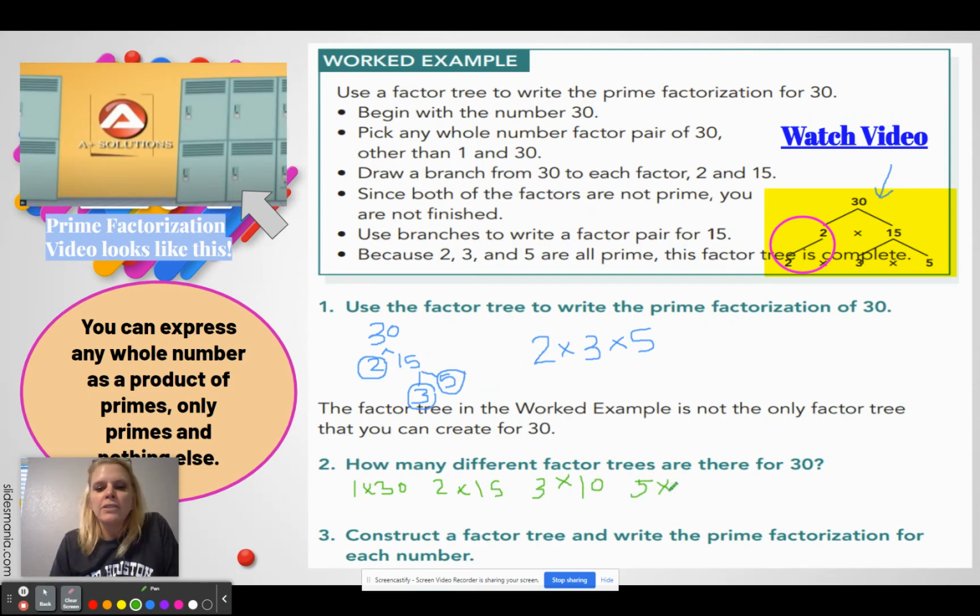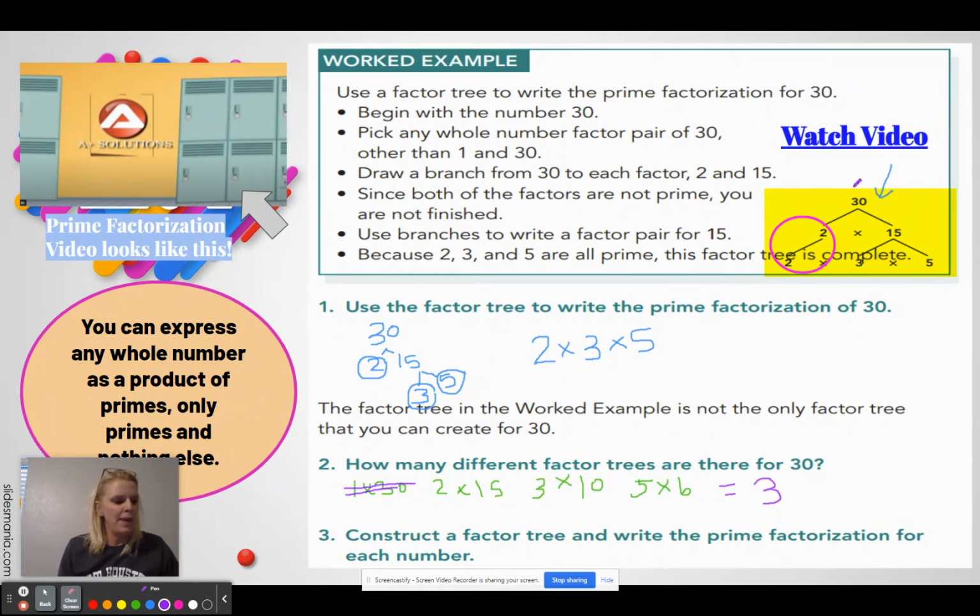Those are all factors of 30, but there's only one that we can't use, and that is 1 times 30. So how many different factor trees can we have for the number 30? We can have 3.